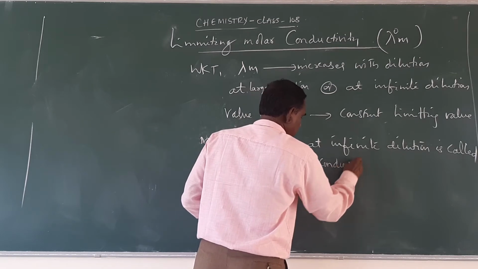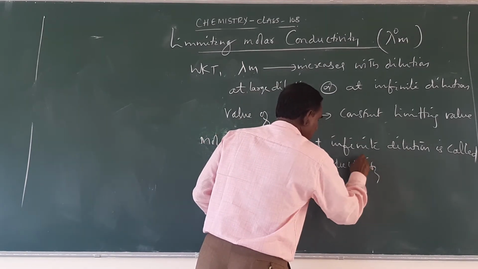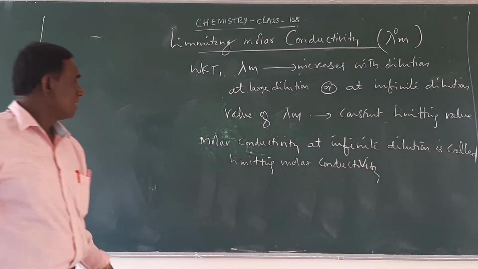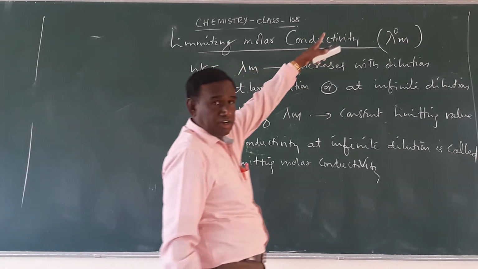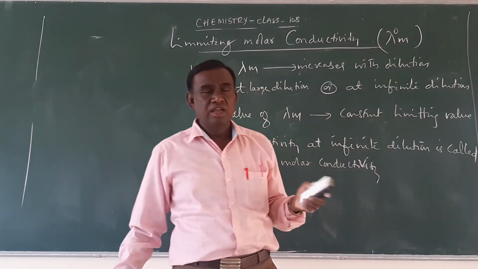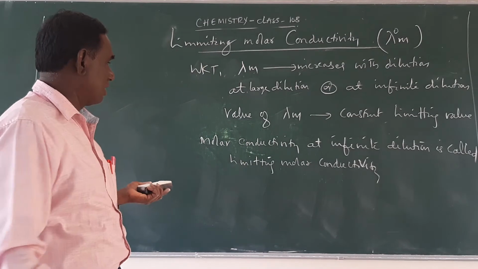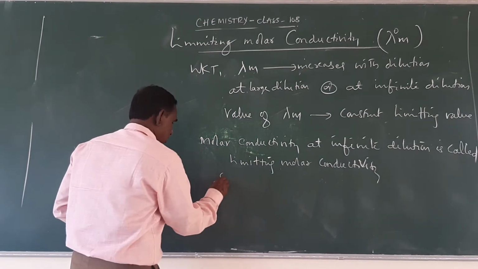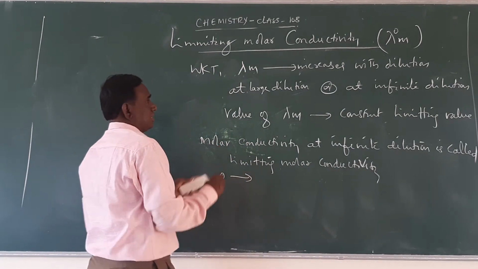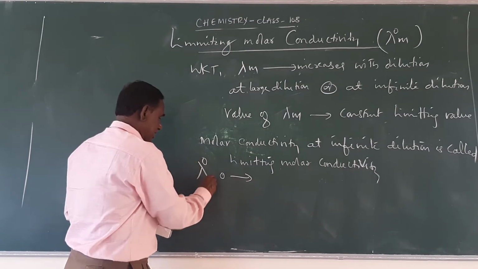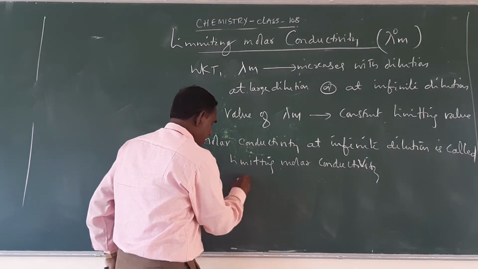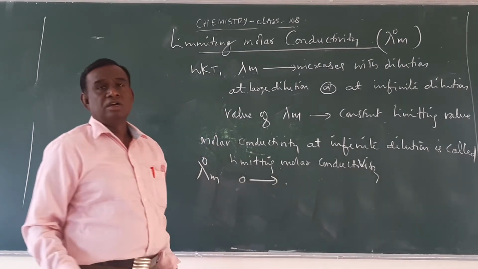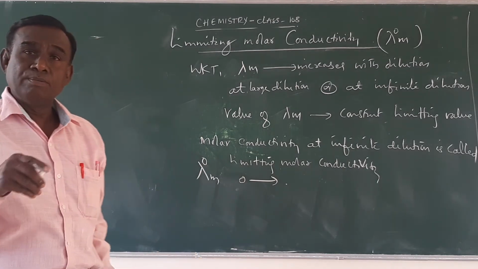So this is the definition of limiting molar conductivity, lambda naught m. Lambda m means molar conductivity. Lambda naught m means what? Limiting molar conductivity. The 0 here indicates that the concentration of the electrolyte becomes 0.